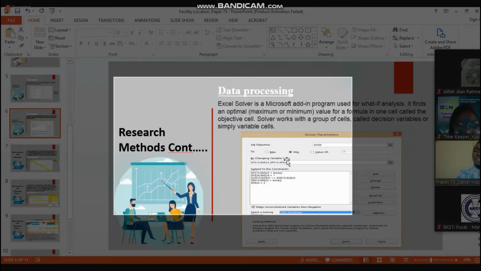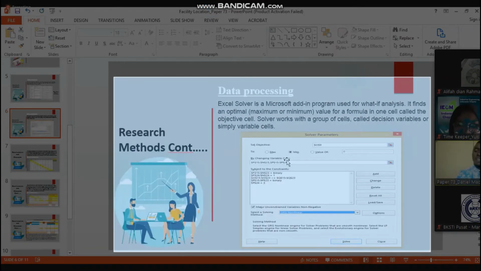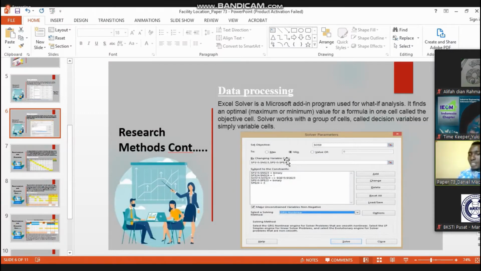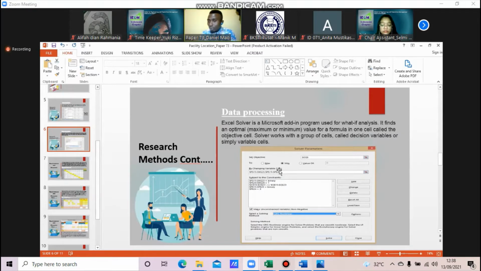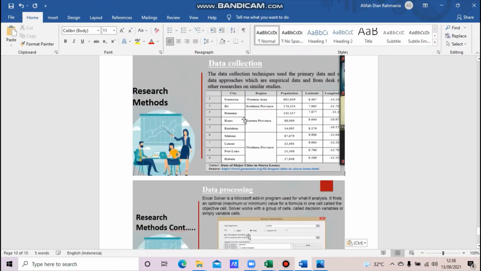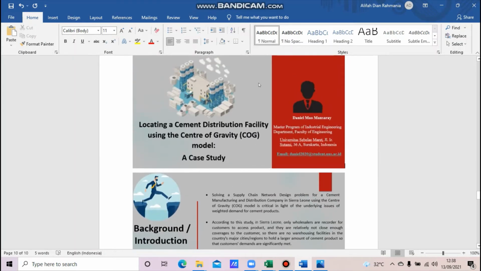It finds an optimal value, either to maximize or minimize, for a formula in one cell called the objective cell. Solver works with a group of cells called decision variables, or simply variable cells. So this is the solver parameter being shown here, as to how the particular data was analyzed to get the result.